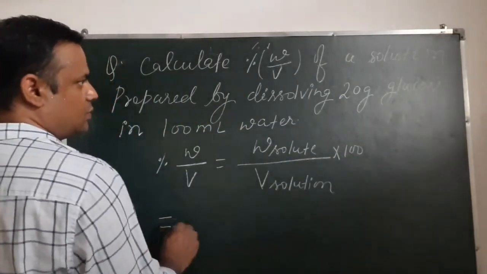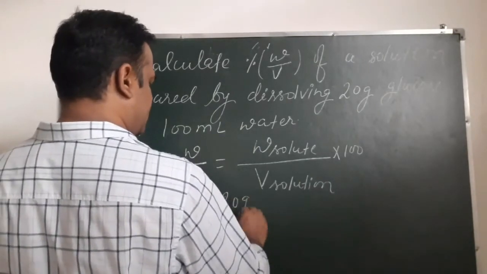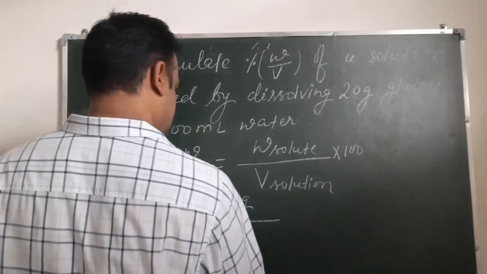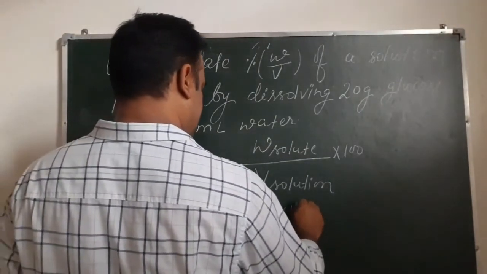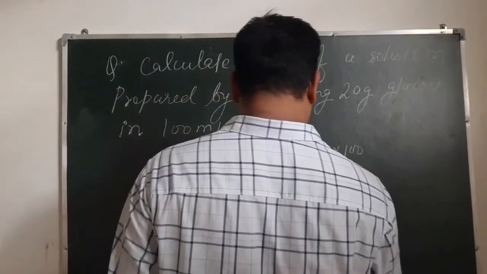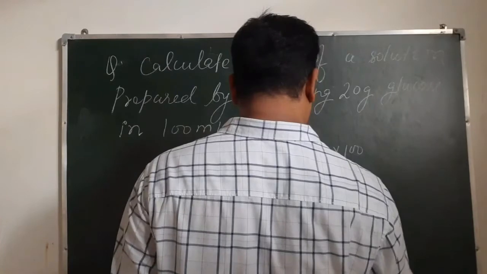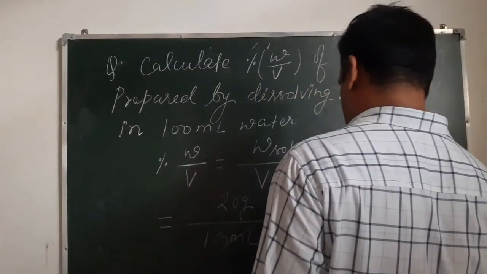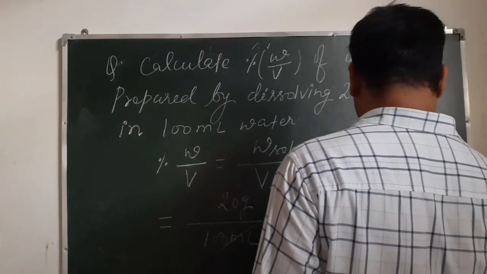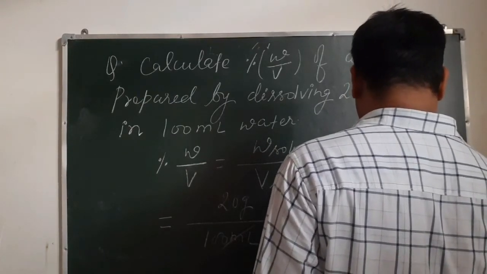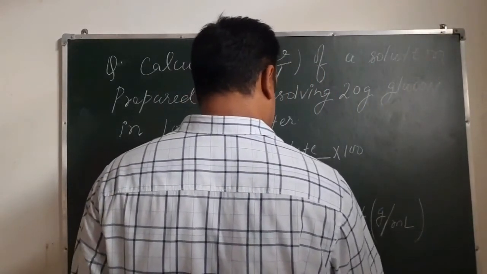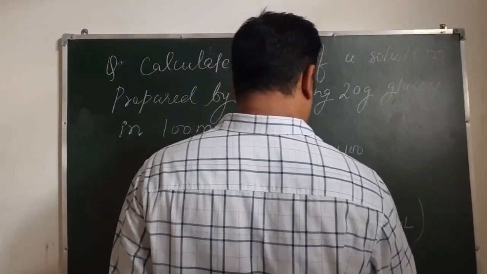This will be equal to mass of solute, 20 gram, volume of solution, 100 ml, and then multiplied by 100. 100 cancels out, so it will be 20% mass by volume, 20% gram by ml, or we can write 20% mass upon volume.